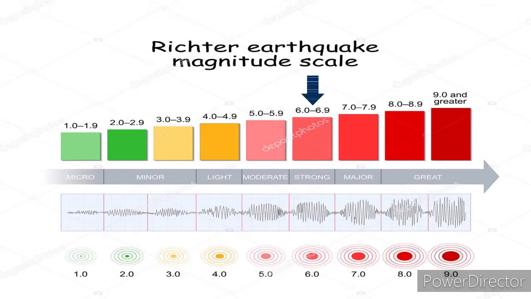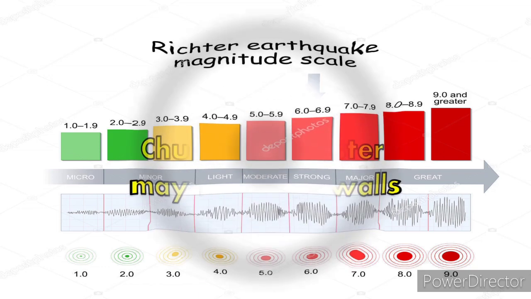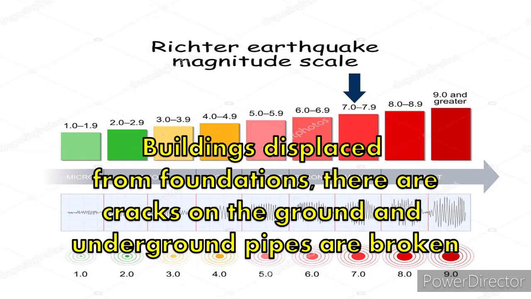For magnitude 6.0 to 6.9, there are chunks of plaster that may fall from walls. For 7.0 to 7.9 magnitude, buildings are displaced from foundations. There are cracks on the ground and underground pipes are broken.